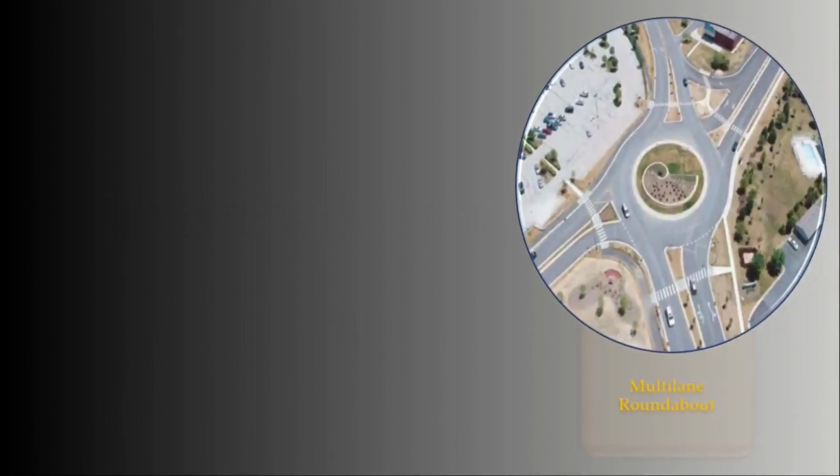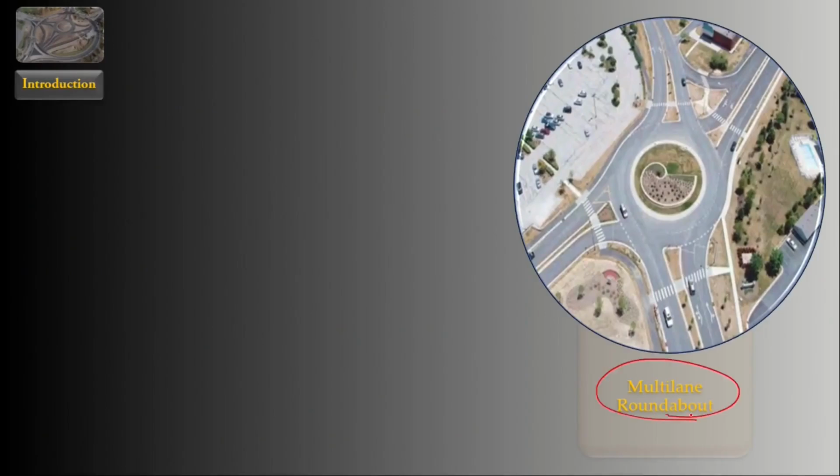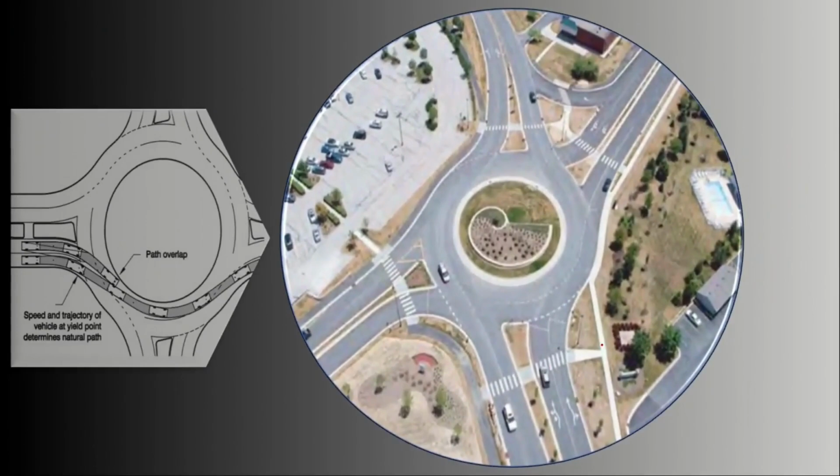And finally, the last category, the largest one and also the hardest one to design, multi-lane roundabouts. It's kind of an art of compromising when we're designing this category of roundabouts.